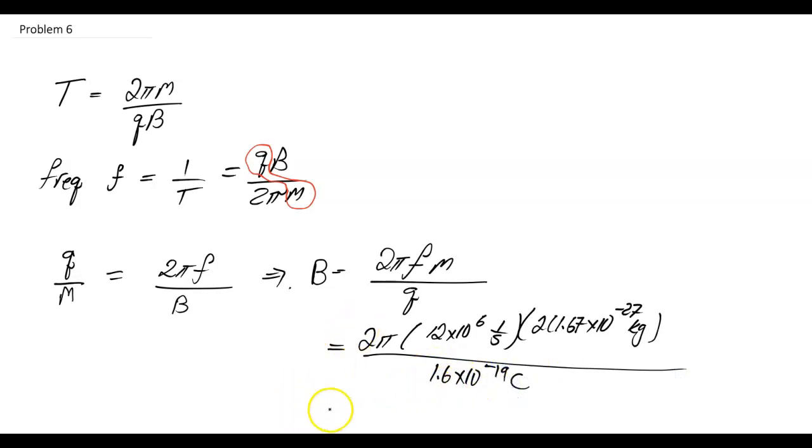So this gives us a magnetic field of about 1.57 Teslas.